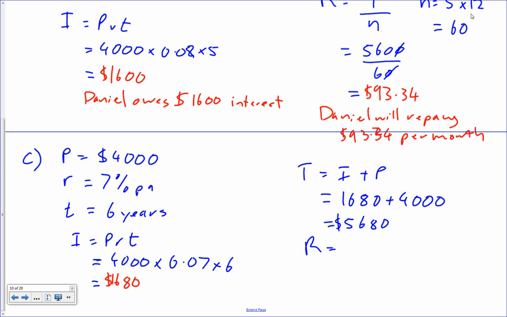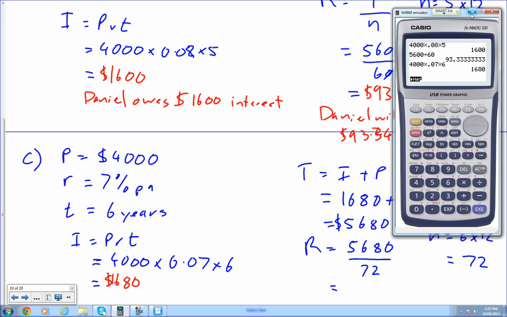So repayments equals 5,680 over, now n this time is going to be 6 times 12, which is going to give me 72 repayments. So again, we'll grab our calculator. So 5,680 divided by 72. So it's going to be $78.89 per month.